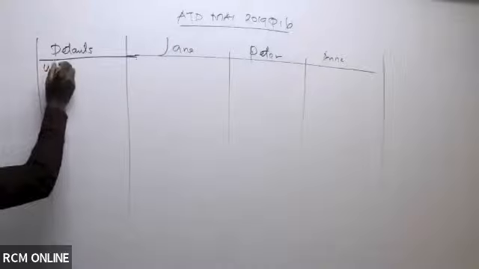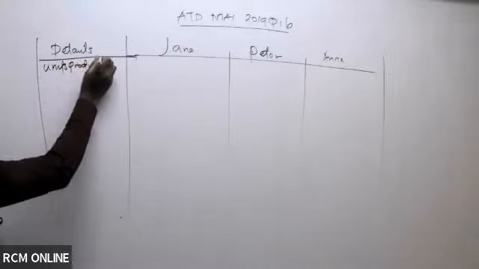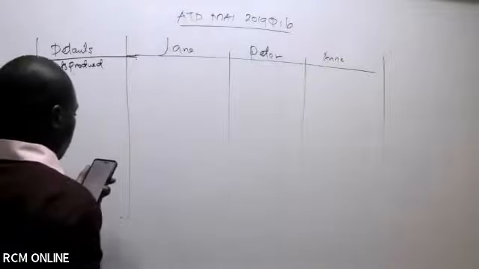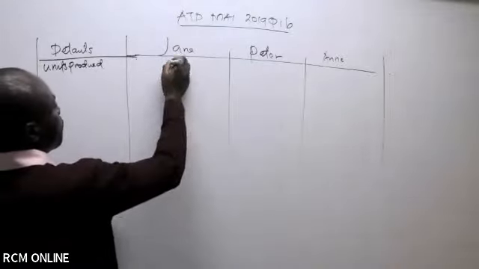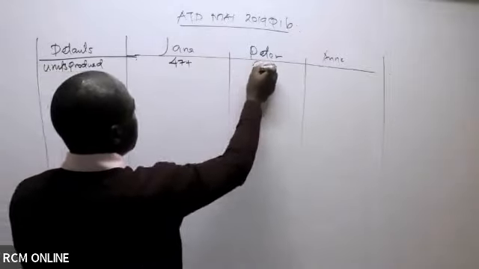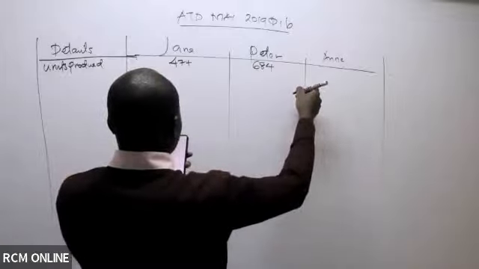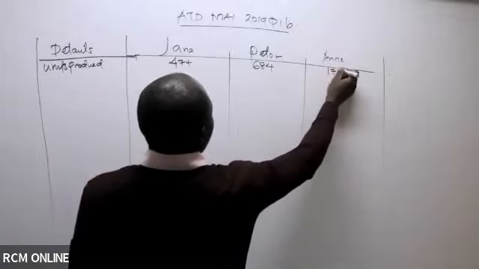So units produced, we're talking about 474, 684, and 175.